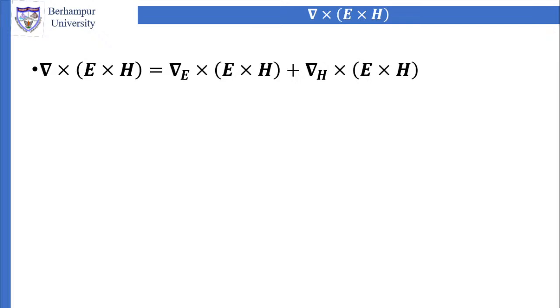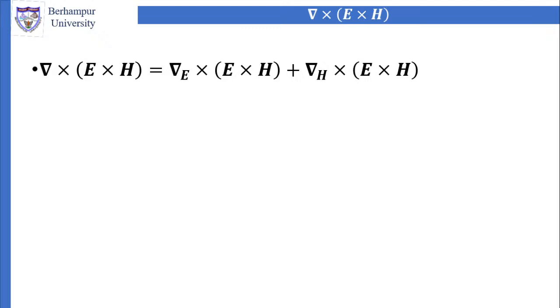So we are taking two vectors E and H, taking their cross product, and we are taking the cross product of those two vectors with del. So del cross E cross H, what is the identity that we are trying to find out? Del will operate on E, then del will operate on H. So del operating on E cross H plus del operating on H cross E cross H. Now we'll take term by term.